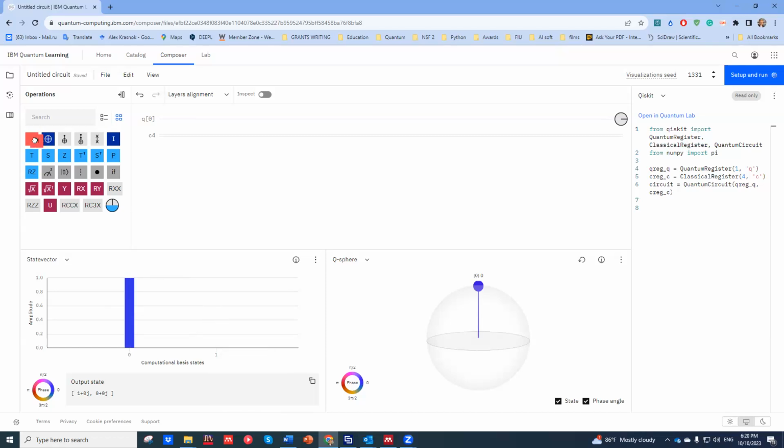And the Hadamard gate is represented by this H gate here. So I apply this H gate, and it creates an exact superposition of two states, state 0 and state 1. In the Q sphere it is given by these two dots.